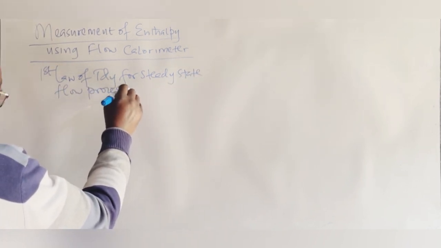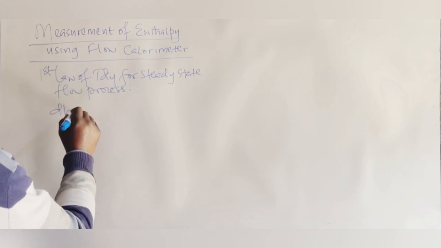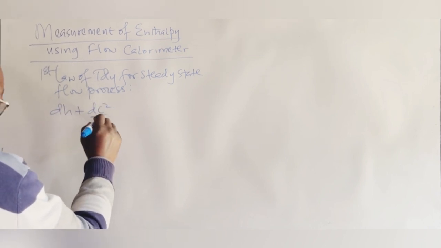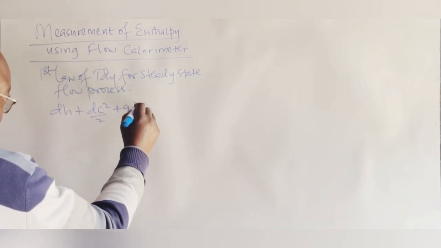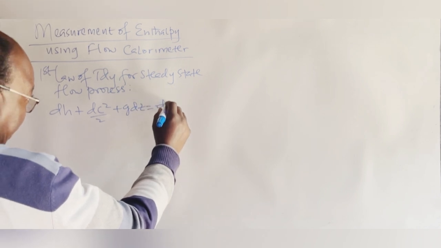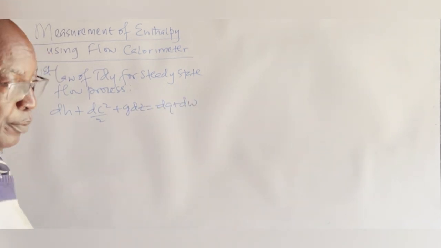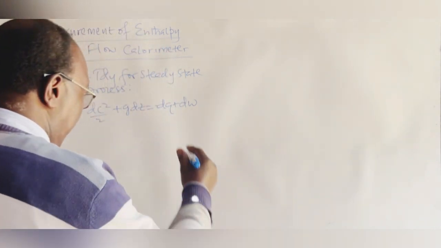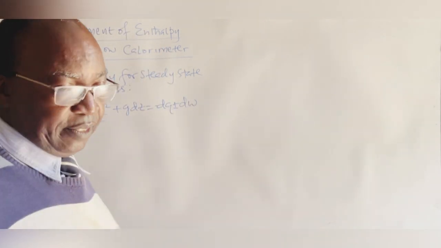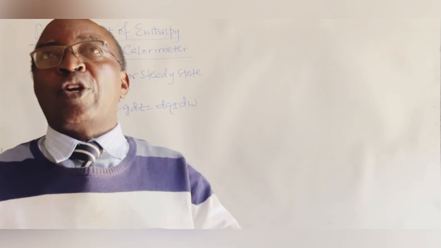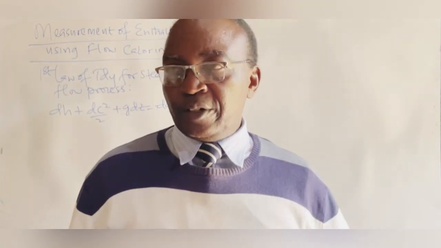We saw that dH plus d(c squared)/2 plus g dz is equal to dq plus dw. And we said that can be plus or minus.